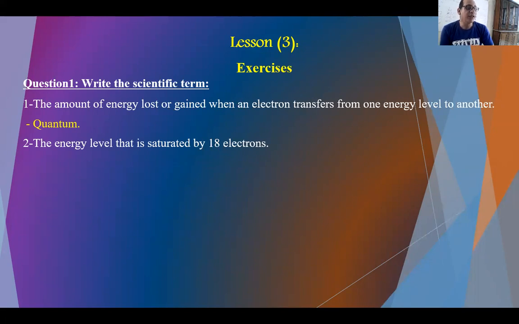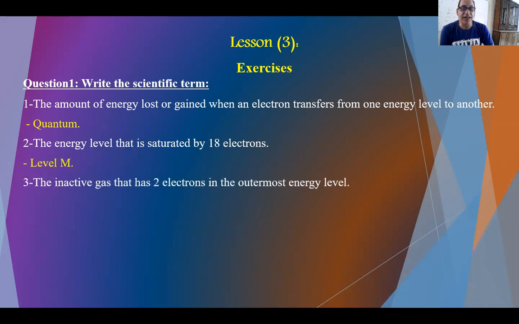This is energy level number 3, which is K, L, M. It's level M. The inactive gas that has 2 electrons in the outermost energy level: inactive and outermost 2 means that it has only 1 energy level. So it's supposed to be helium and no other element.